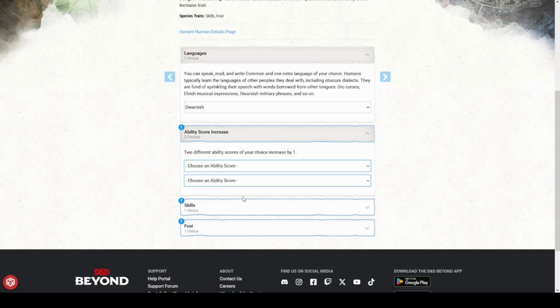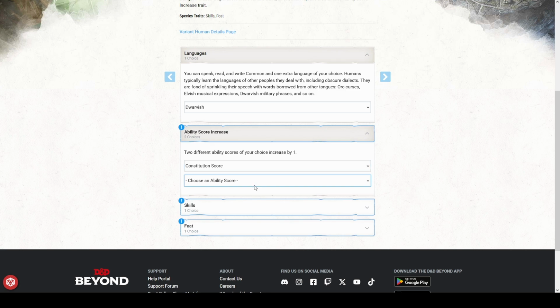This is how hardy your body is. This is how much you can take a hit. This determines your hit points. Out of all of them, this is one of the more important ability scores. It affects everyone. Almost everyone has a moderate to high Constitution because of how important it is to just the core combat mechanics.